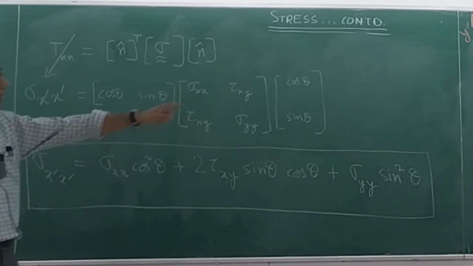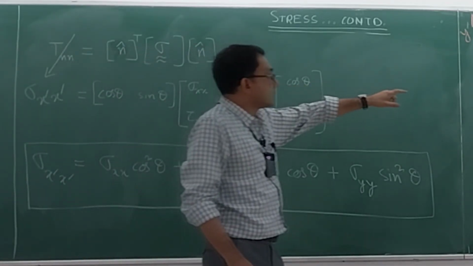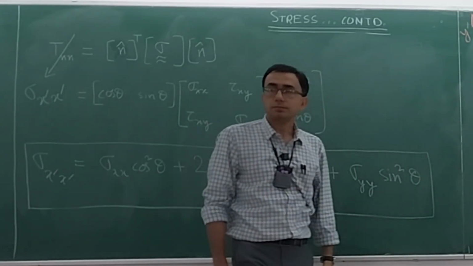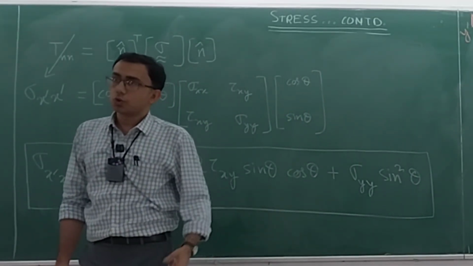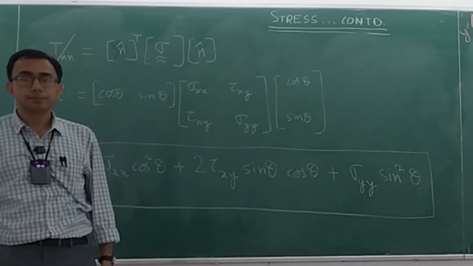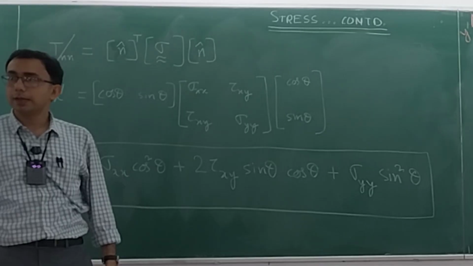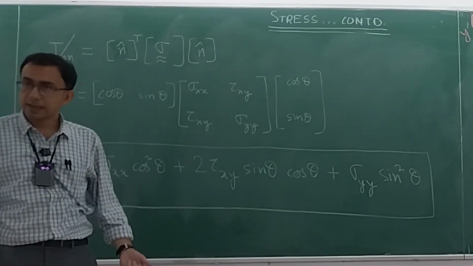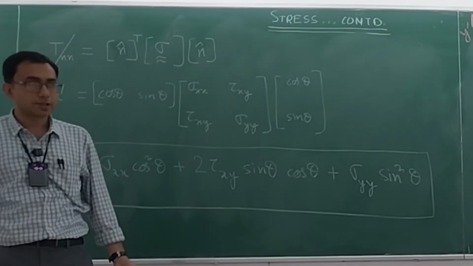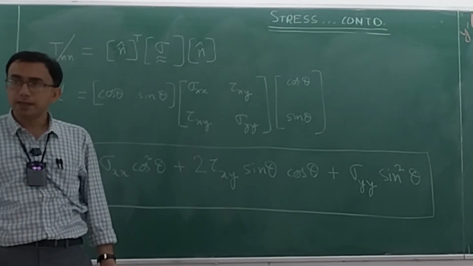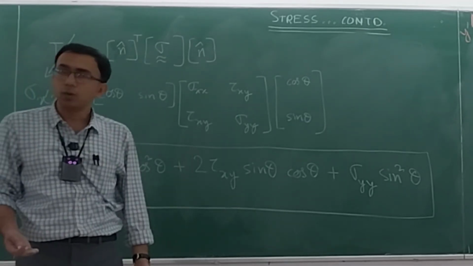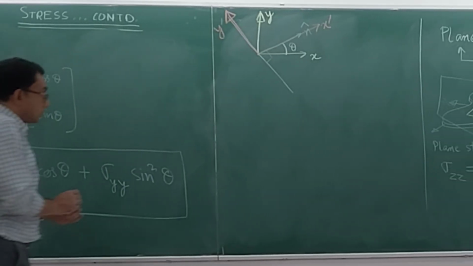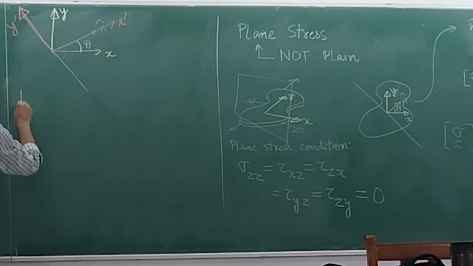So earlier, when we talked about this arbitrary plane with the Tn on it, we could have also chosen to talk about the Tns. Now Tns will be lying along what? Exactly, it will be lying along the y dash. So Tns is itself nothing but the tau x dash y dash. Okay, all right.